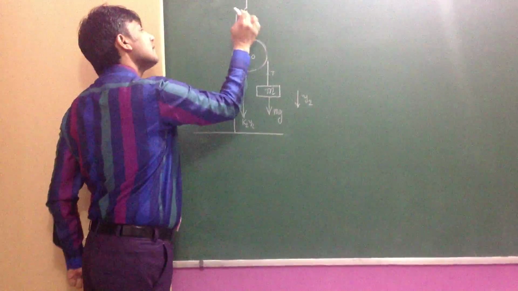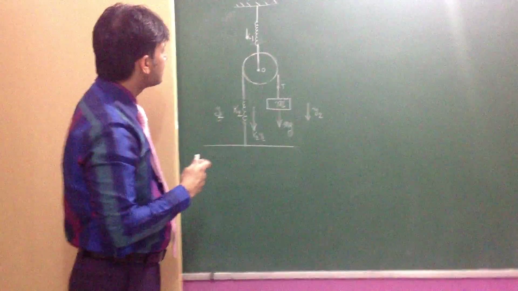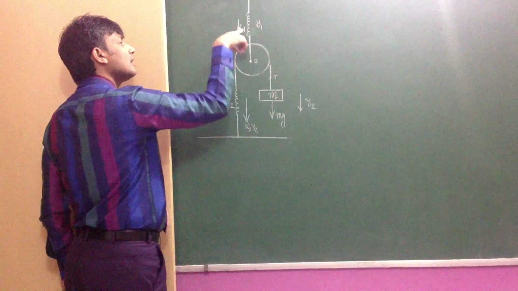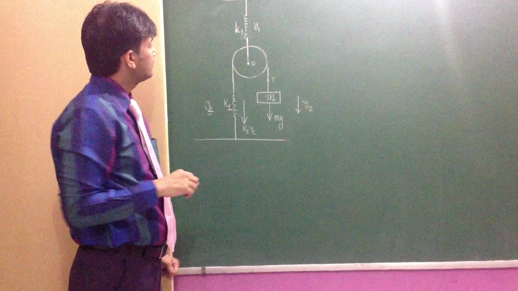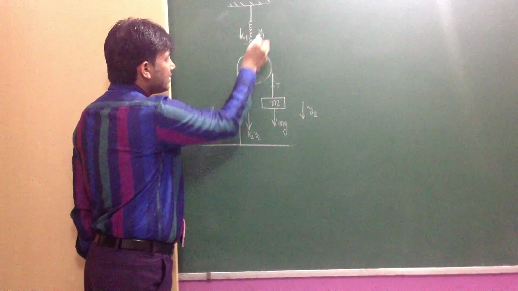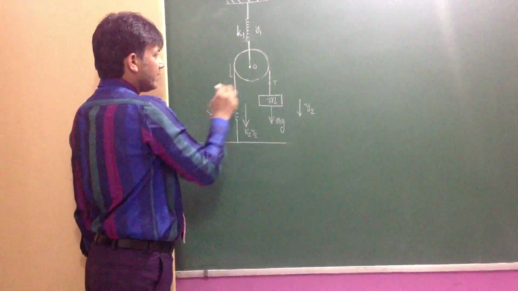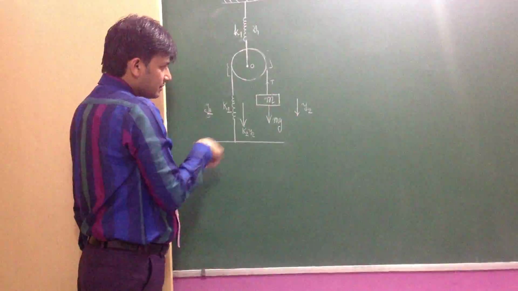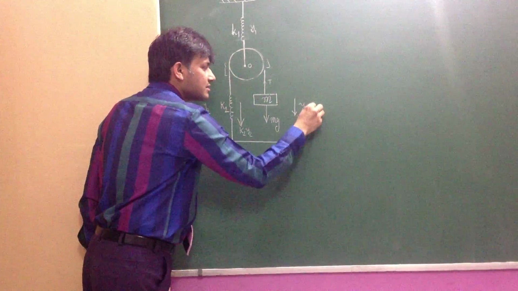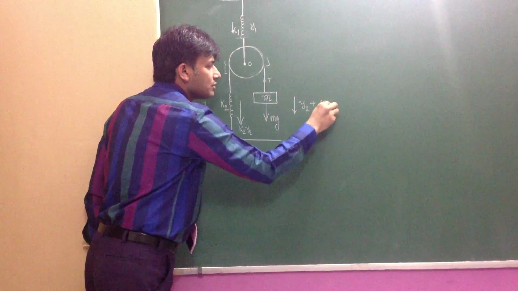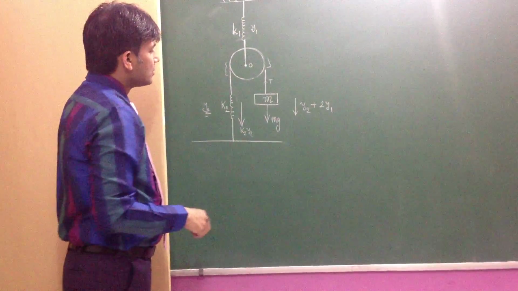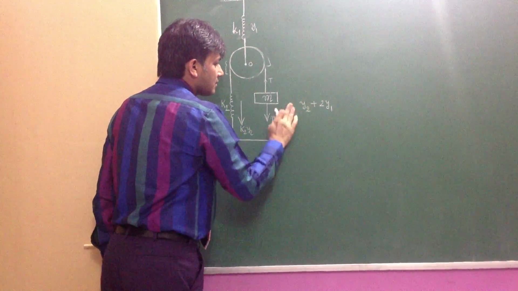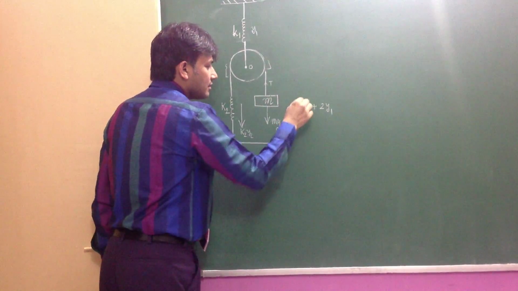That's why the length of this spring will also increase by some distance. Let me take that increase in the length of this spring as y1. So this point O will come down by distance y1. So this y1 length and this y1 length will get available to this. So this object will come down by the distance 2y1. So the total displacement of this mass is this.